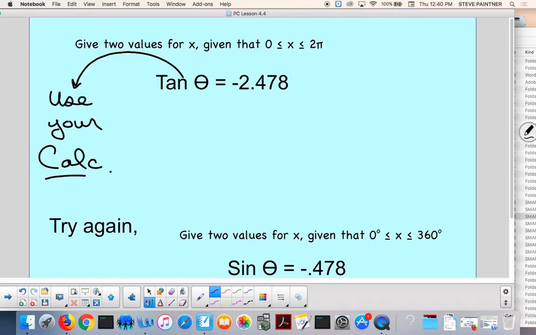Okay? Now if you get those nice numbers, 1 over 2, square root of 3 over 2, those are special right triangles. Okay? This is use your calculator.